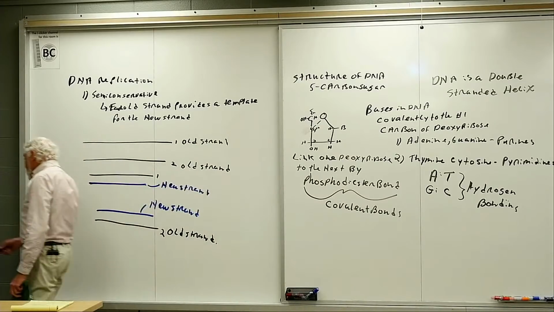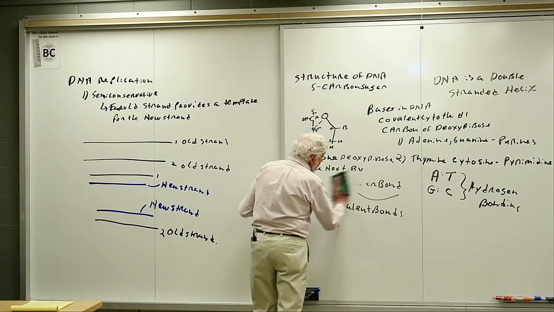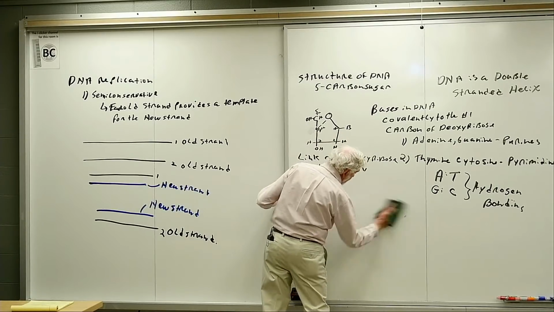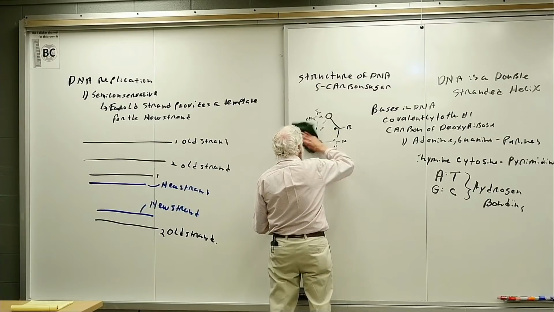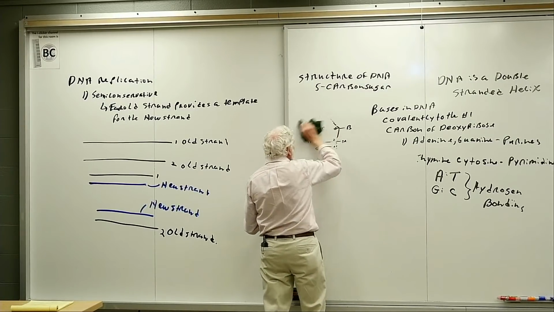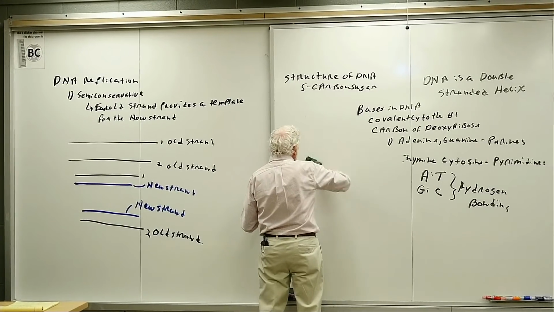So if there are no questions, what I want to do here is make a list of the enzymes that we're going to talk about. And again, this is not an exhaustive list. If you take another course, you'll find there are some other enzymes that are important in this process.